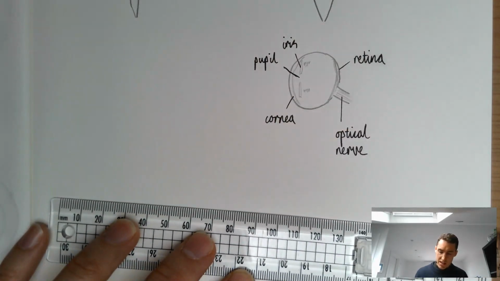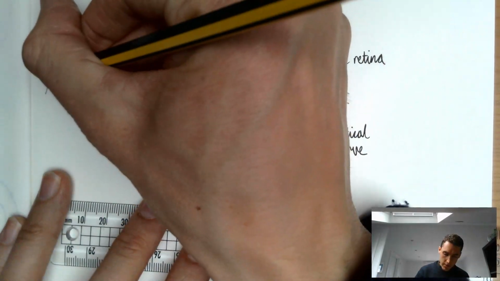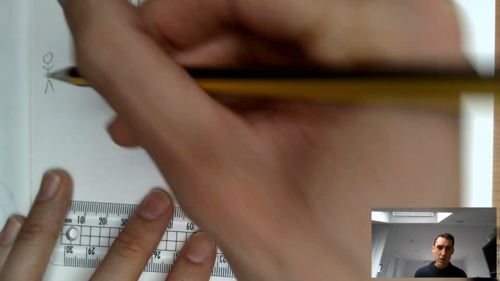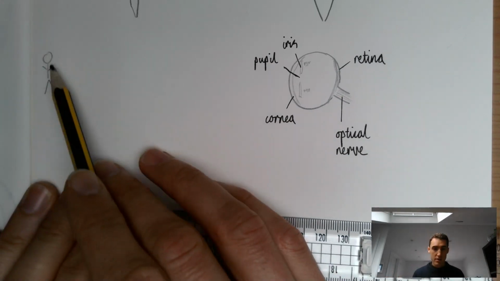So let's imagine a distant object. Let's imagine a person standing a long way away. Now, the thing that students need to recognize is that if a person is standing a long way away, they would look a lot smaller.